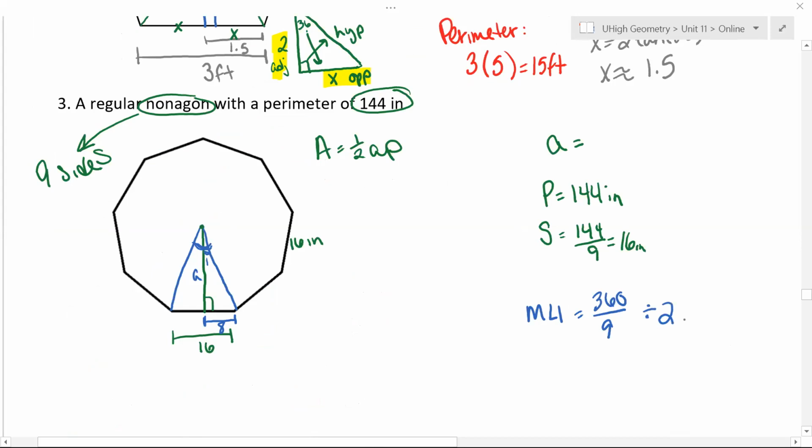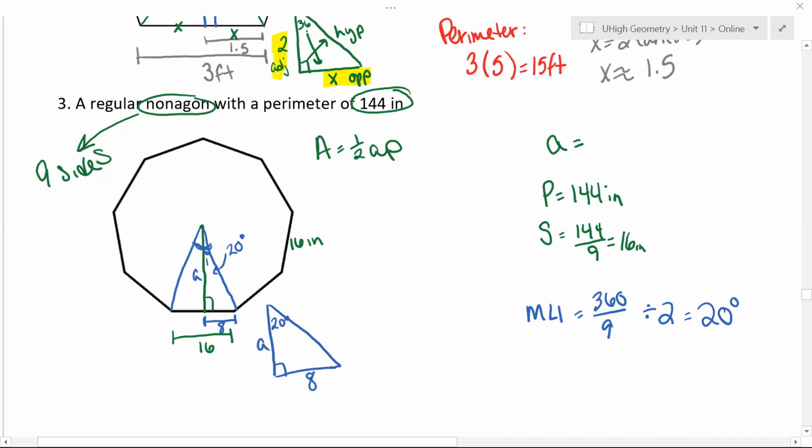And when I do that, I find that the measure of angle 1 is 20 degrees. Now I have a right triangle here. I'm looking for my apothem. I know I have an angle measure of 20 degrees, and I know one of the sides of this right triangle is 8.